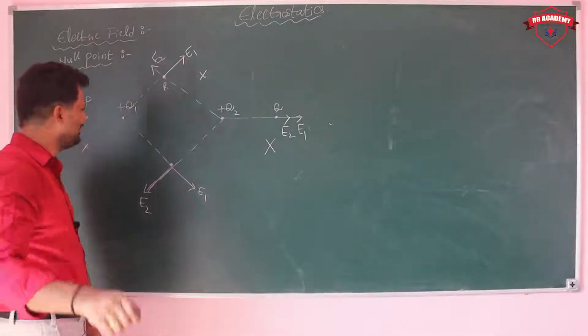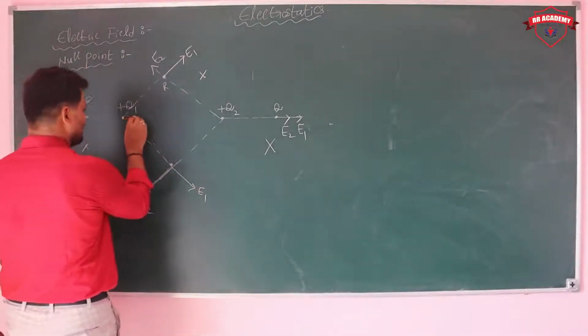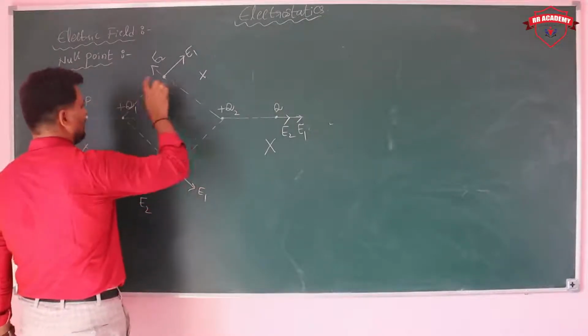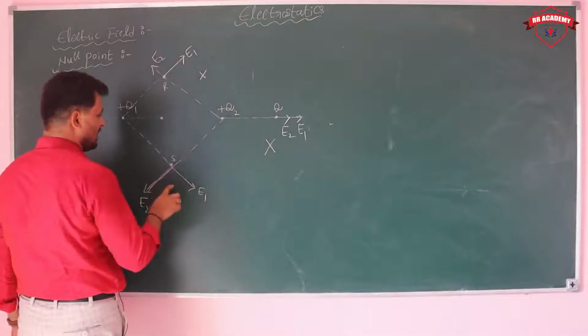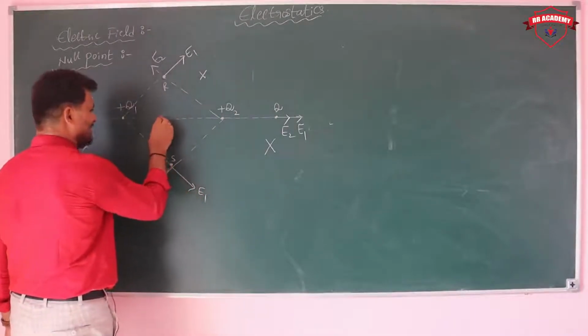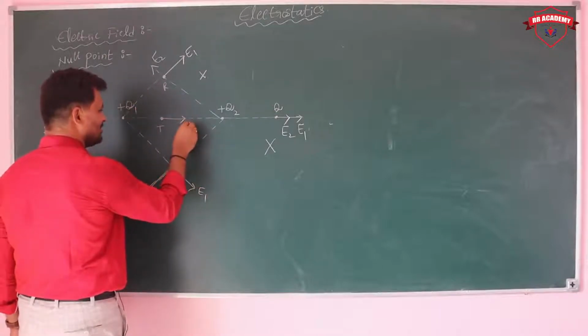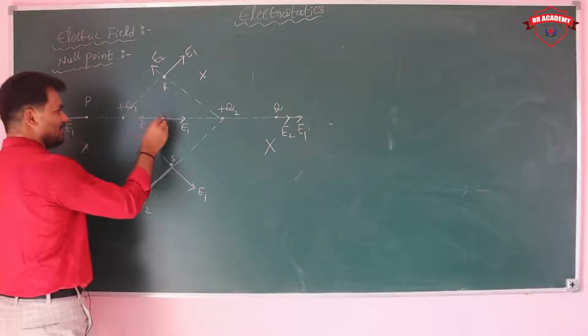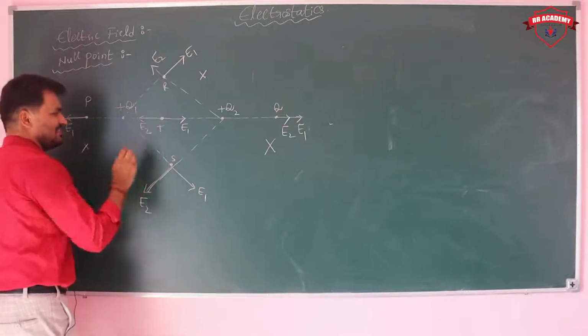Then the last possibility is between the charges. Take the points P, Q, R, S, T. At this point, what is the field due to Q1? In this direction. What is the field due to Q2? In this direction. Yes, that means the field becomes zero.